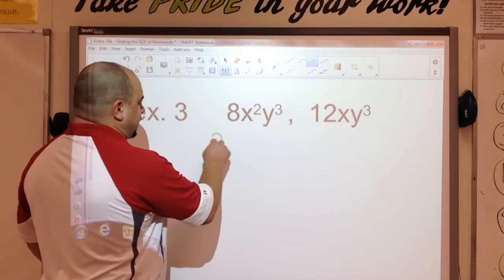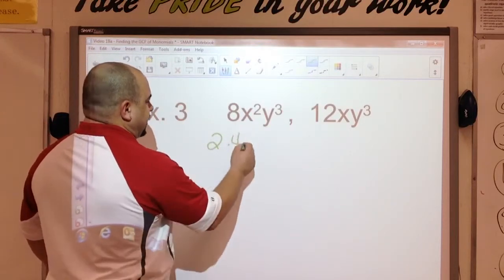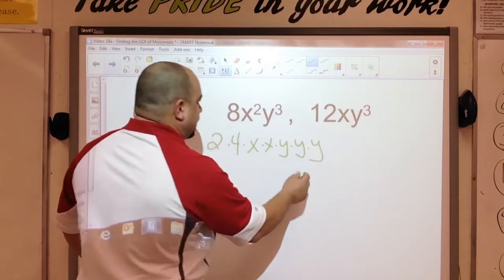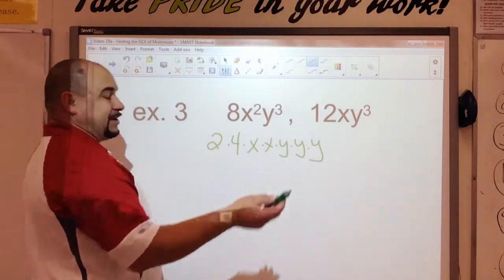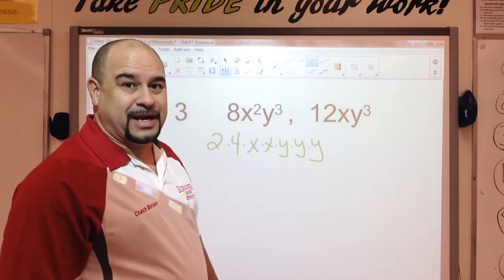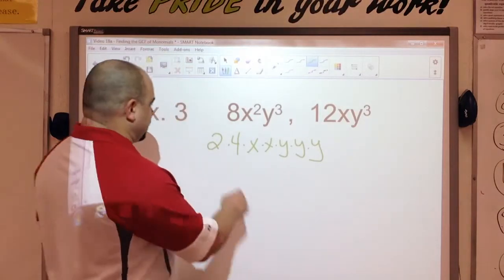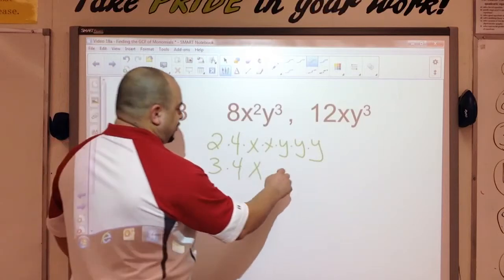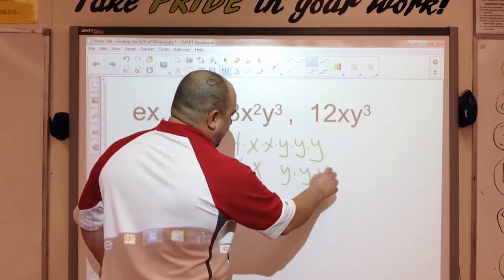So I'm going to break this down as 2 times 4. And then you have 2 x's and 3 y's. Now let's look at 12. I said that 4 goes into 12. How many times? 3. So I'm going to do 3 times 4. Then I have 1 x. Notice how I bring my y's lined up.